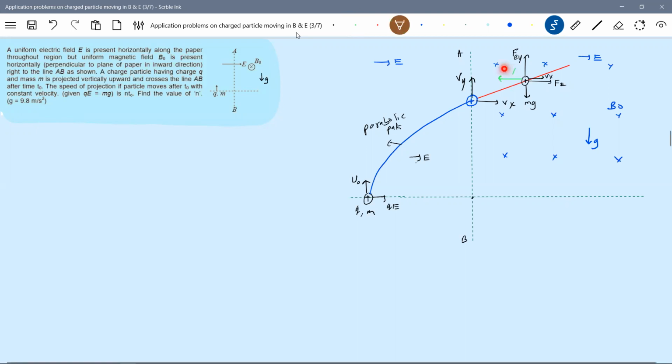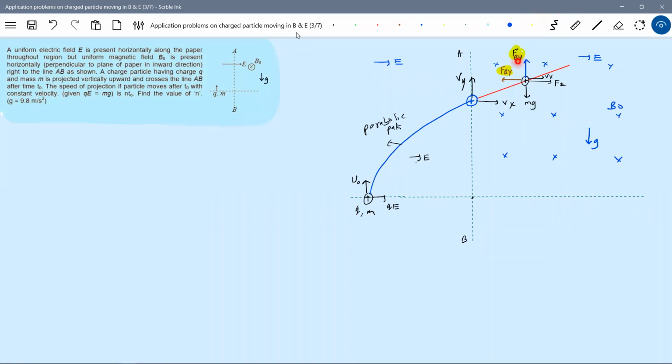I'll take some other colors. Look at these two magnetic forces. I'll highlight it. At least you are able to notice here. Who will balance Mg?